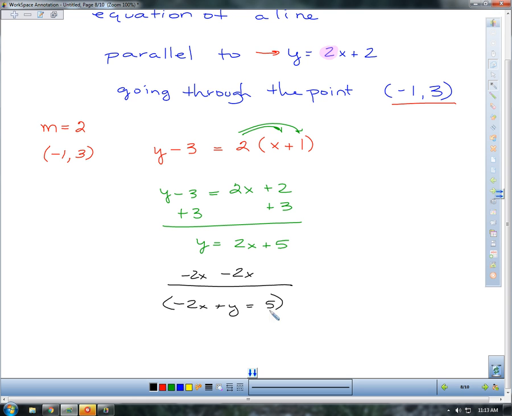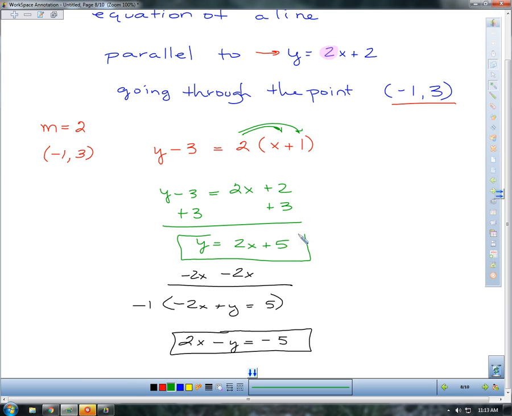So I'm going to multiply everything in here by -1, which just changes the signs. So this will be 2x minus y equals -5. And there's your standard form. And here's your slope-intercept. And last but not least, here's your point-slope form.